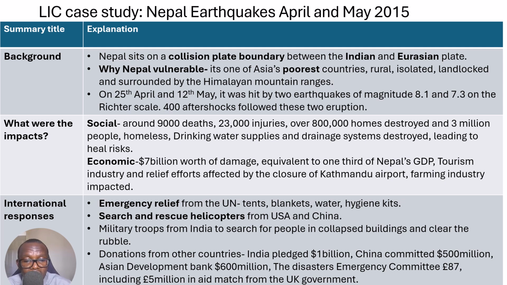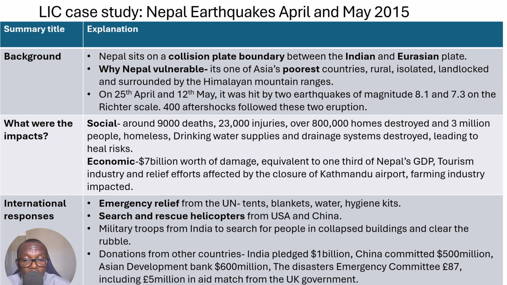Now, as far as the economic impacts are concerned, $7 billion worth of damage was done by the earthquake, and that is quite a substantial amount of money, especially for one of Asia's poorest countries, because that $7 billion was equivalent to a third of Nepal's GDP. Also, on top of that, the tourism industry was affected, which also brings money into the country.